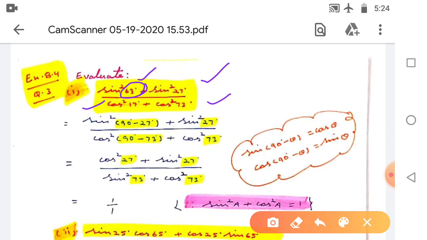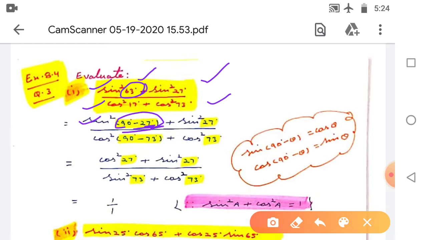Now write this 63 in terms of 90. So 63 is equal to 90 minus 27. Here no need to change any trigonometric ratio. This is sine square. But instead of writing 63, we write 90 minus 27.